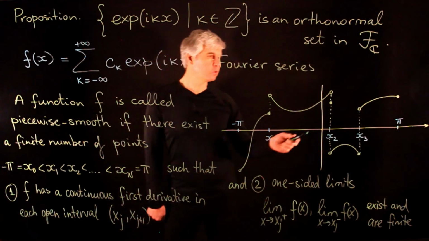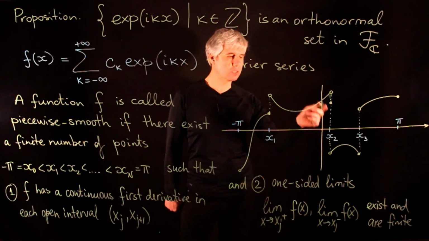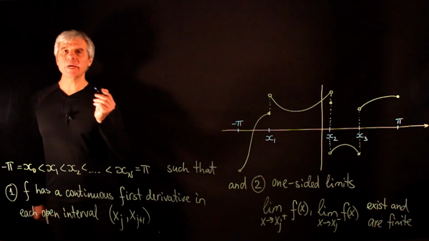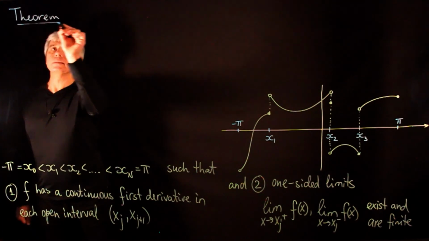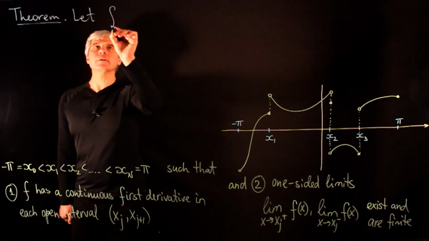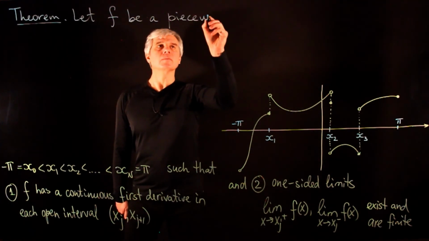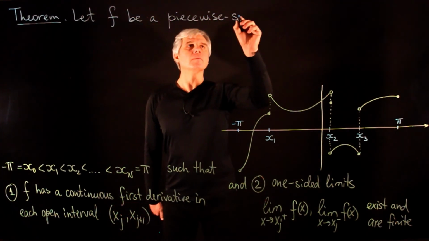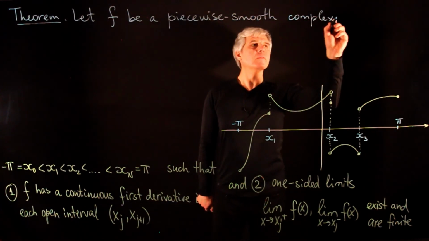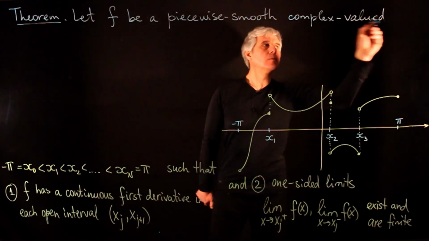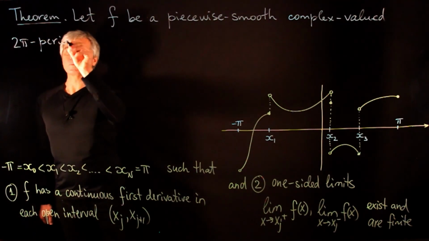And we really do not care what the values of this function are at the discontinuity points. Now we can state the main theorem of Fourier analysis. Let f be a piecewise smooth, complex valued, 2 pi periodic function.